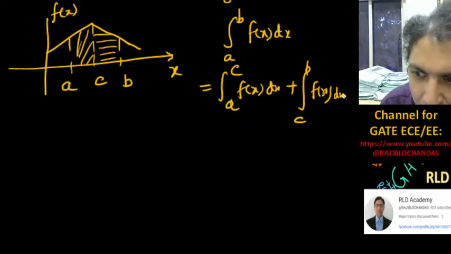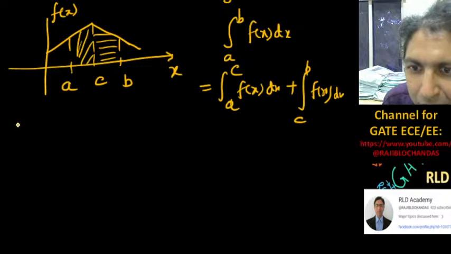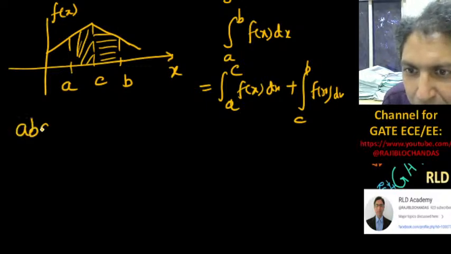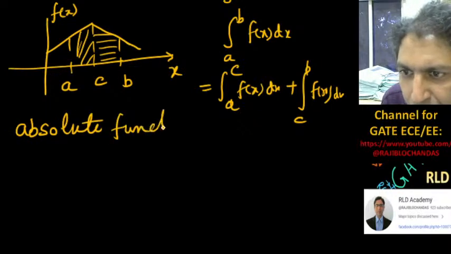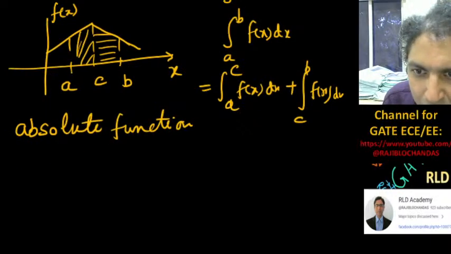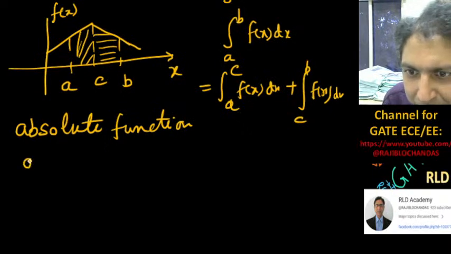So here I will discuss two functions. One function is called the absolute function, and the second one is called the greatest integer function.